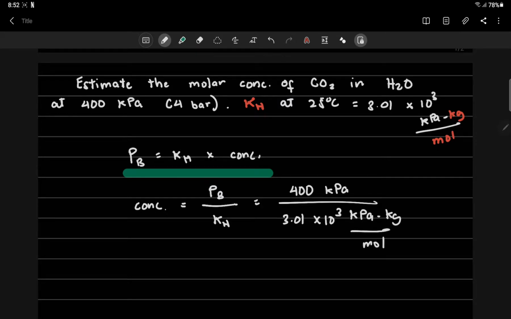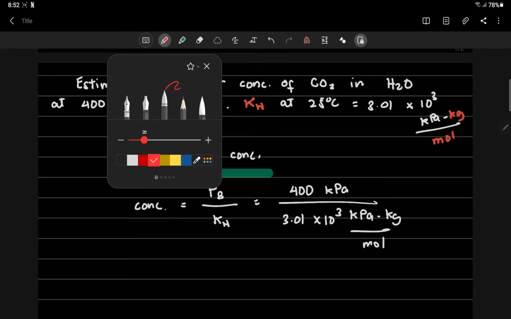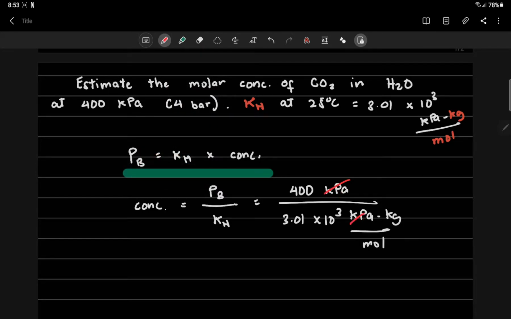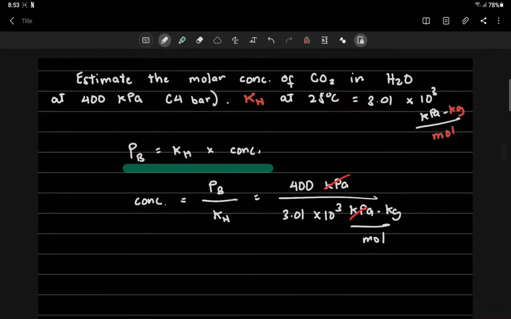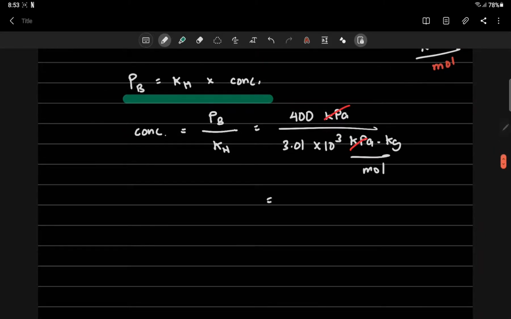So, ang mangyayari dito, ang makakancel lang sa ating equation will be kilopascal. So, ang matitira is kilogram per mole. Okay? So, what will happen is, ang magiging sagot dito numerically will be 0.132 moles per kilogram. Okay?